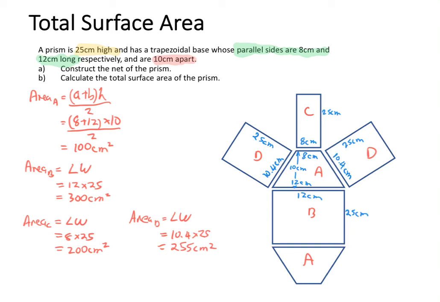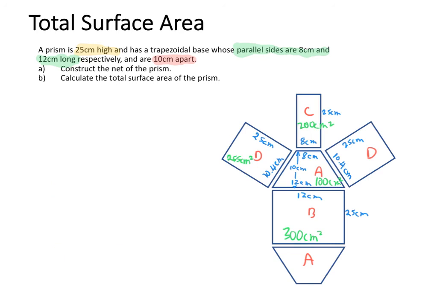Before I do that, I'll add each of those onto my net. So A is 100 centimeters squared, B is 300 centimeters squared, C is 200 centimeters squared, and D is 255 centimeters squared. My final step is to calculate the total surface area.